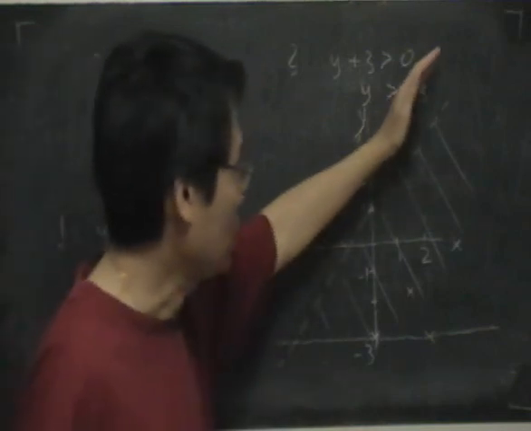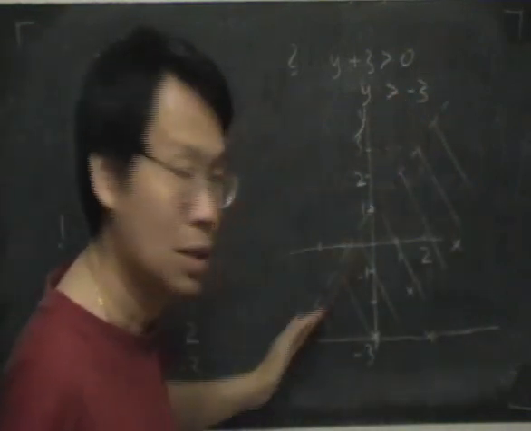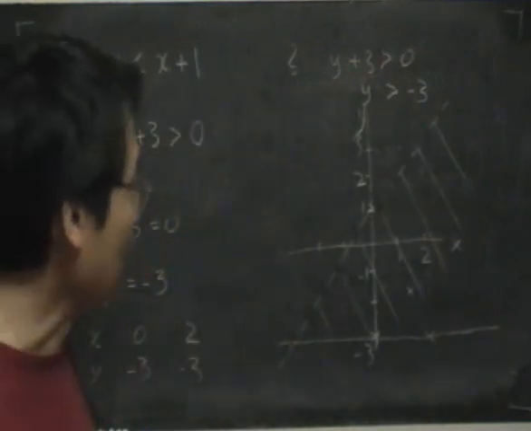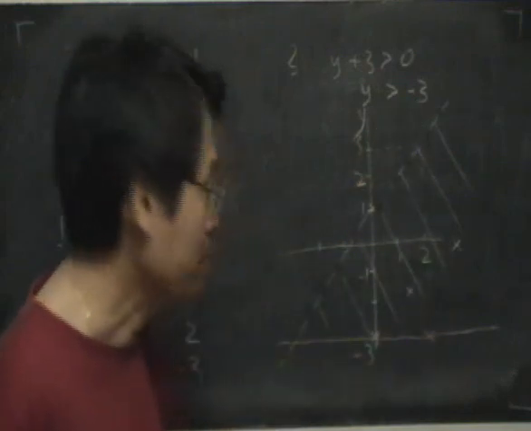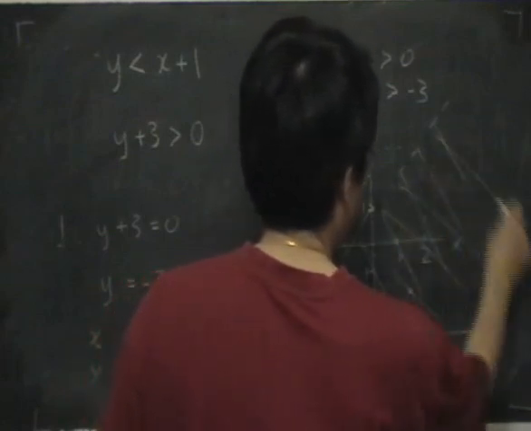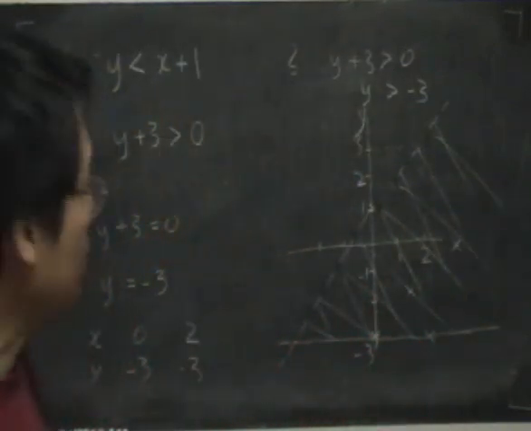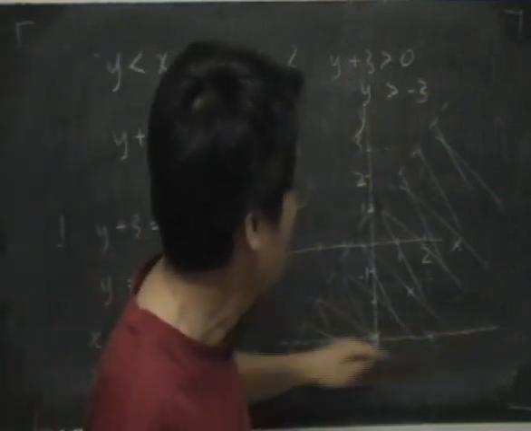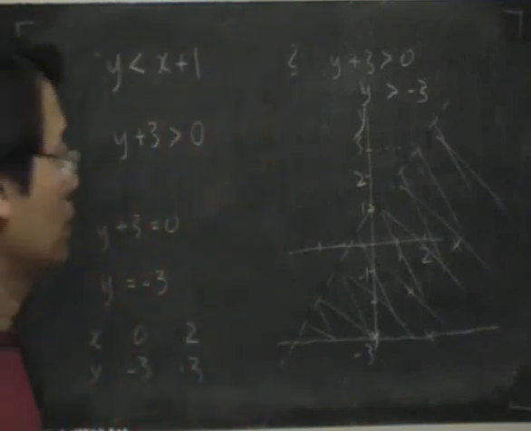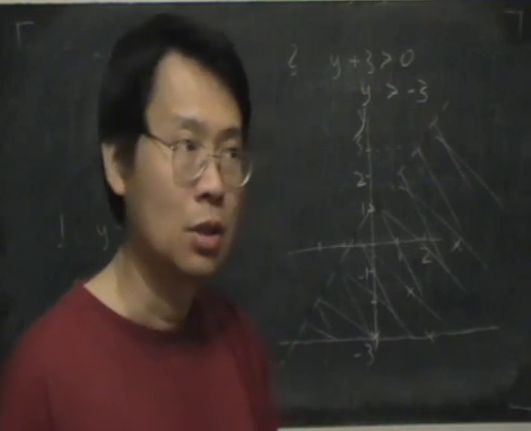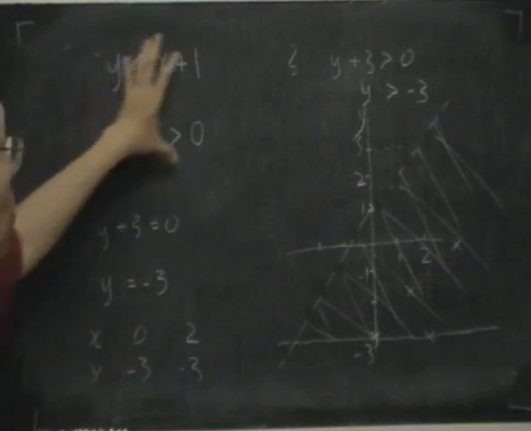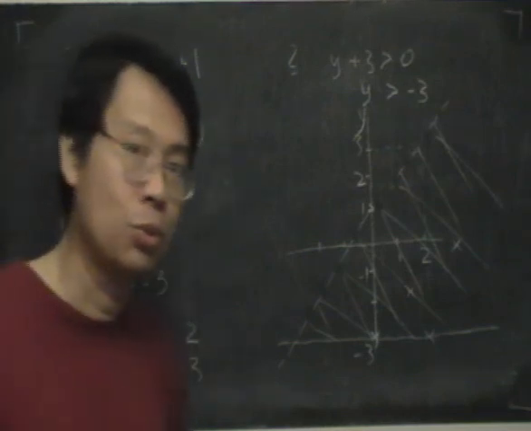We need an area that is at the same time below this line and above that line. And this area is simply the area in between. So if I shade that, that is the area. It's the area in between the two. So that would be the solution, the answer, for the possible x and y when we have two inequalities.